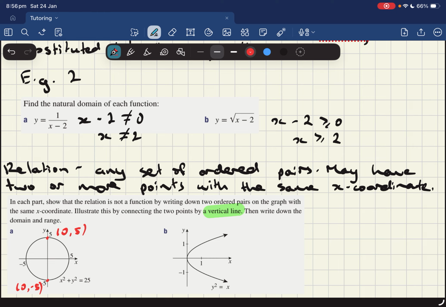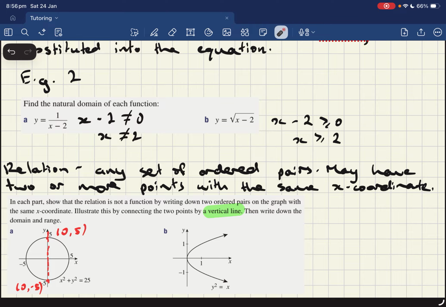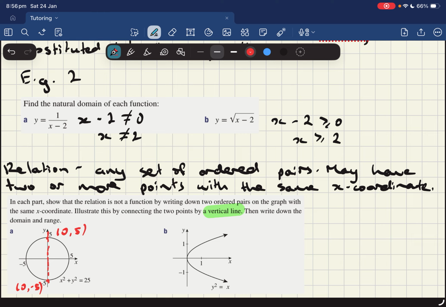And it's saying connect the 2 points by a vertical line. So this vertical line passes through these 2 points. This is just to show that that same x coordinate produces 2 different y coordinates. Now, this vertical line, x equals 0, meets the graph at 0, 5 and 0, -5. So relations like functions have a domain and range, so we can describe this relation with a domain and range also.